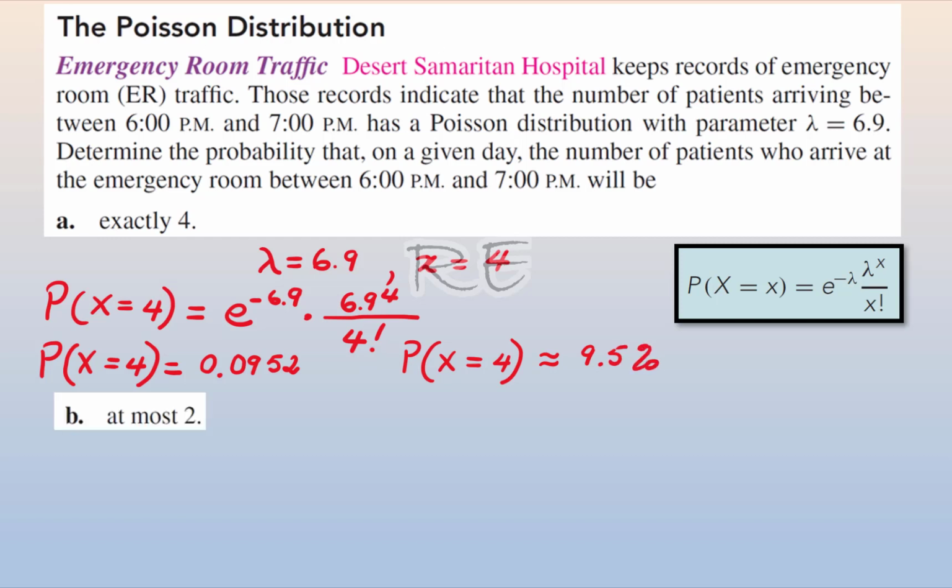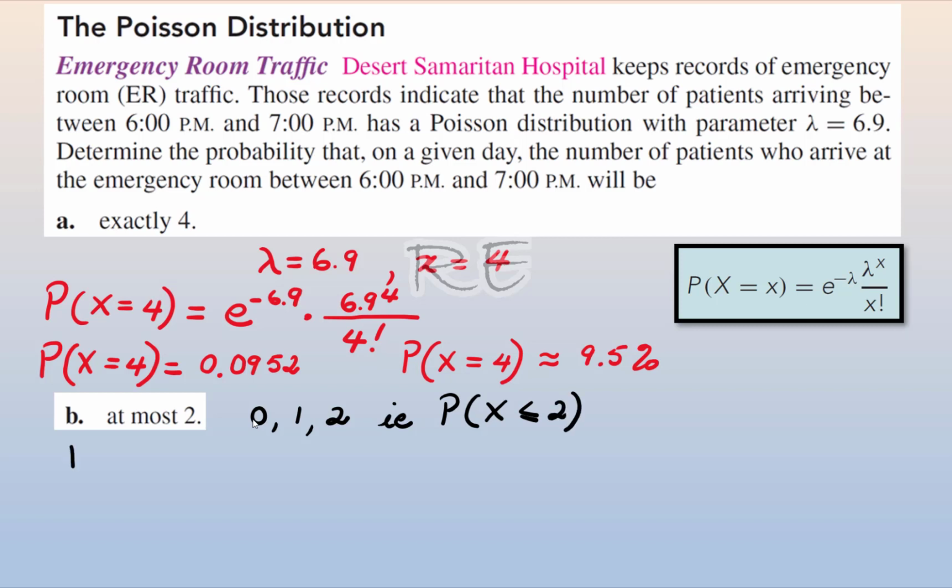Now, let's look at the second question, B. At most 2. Well, at most 2 means 0 patients, 1 patient, 2 patients. As an inequality, it means that P of capital X is less than or equal to 2.